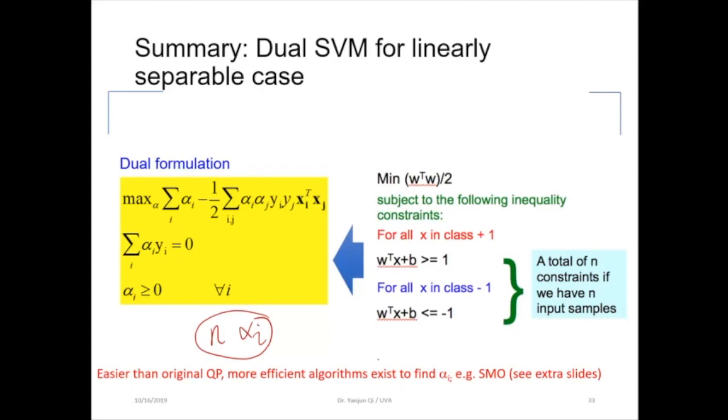So here you have W and B parameters to look for. So what's the size of W and B? The number of parameters you're looking for is actually O(P), right? And the number of parameters in the dual I'm looking for is how many? It's actually O(N).